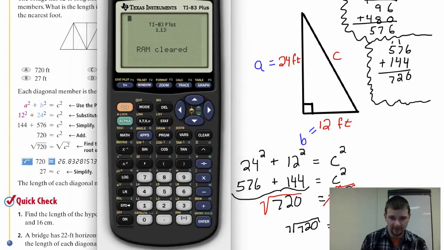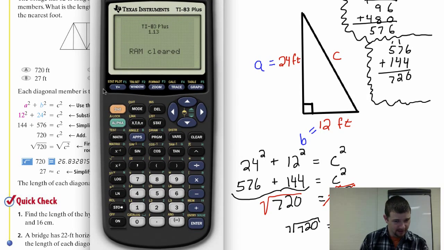Here's my handy dandy floating calculator. Square root of 720. On this calculator, in order to access the square root button, whoops, accidentally clicked the square root key, I need to hit second, and then the x squared key, which becomes square root. There we have the square root of 720, and I don't need to close the parentheses.